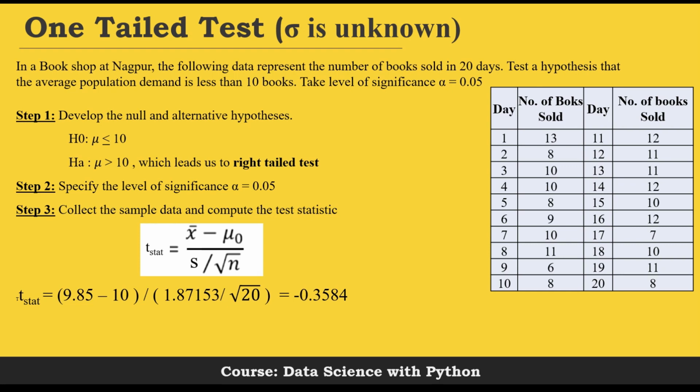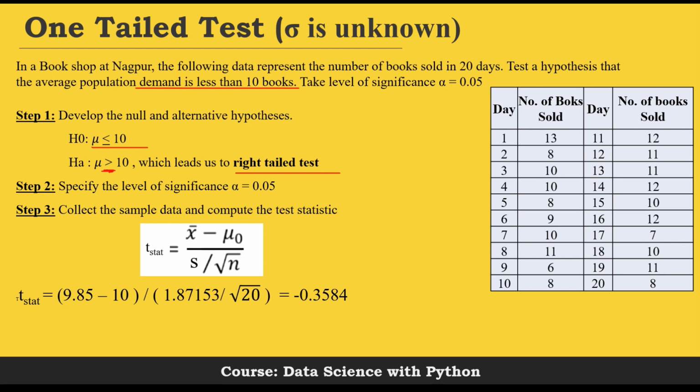So step 1, develop the null and alternate hypothesis. Since it is to check whether the demand is less than 10 books, your null hypothesis becomes mu less than or equal to 10, and the alternate hypothesis mu greater than 10. Since it is a greater than sign, it leads us to a right-tail test.